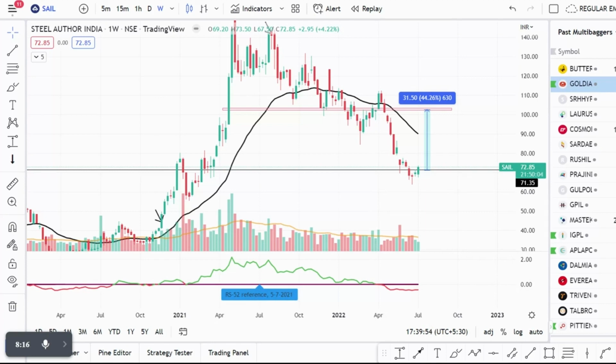So mostly we are looking to hold the stocks that are outperforming the benchmark index, where the relative strength line is in green color, so that the money we are investing is not going into a dead stock, but into a stock that is giving us more returns than Nifty, right? If you want to make less money than Nifty, then why are we investing in some other stocks?